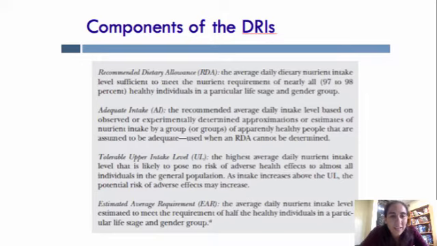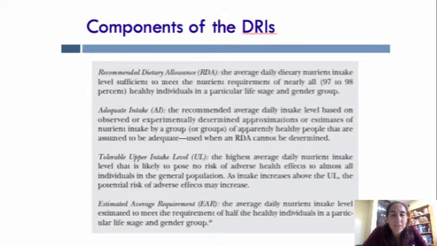Okay, so here we have the definitions. I'm going to provide a summary of each. You can definitely read word for word the definitions, but I do want to just highlight the key points of each. We'll first go over the estimated average requirement, or the EAR here.